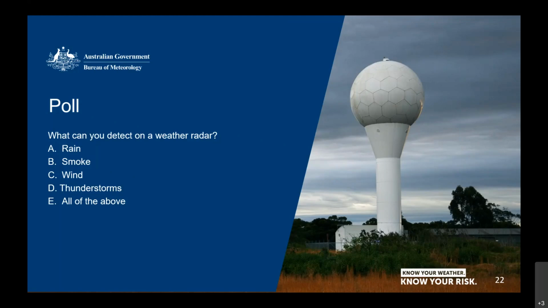Richard has asked, does the radar become less reliable for properties in hilly country or at a high altitude, above 1,200 meters above sea level? Look, there's always going to be that issue with beam blockage when you start talking about terrain.